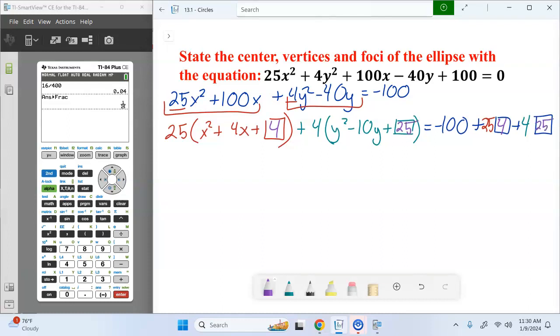Okay. So on the left, what do we have when it's factored? On the right, what do we have when it's factored?